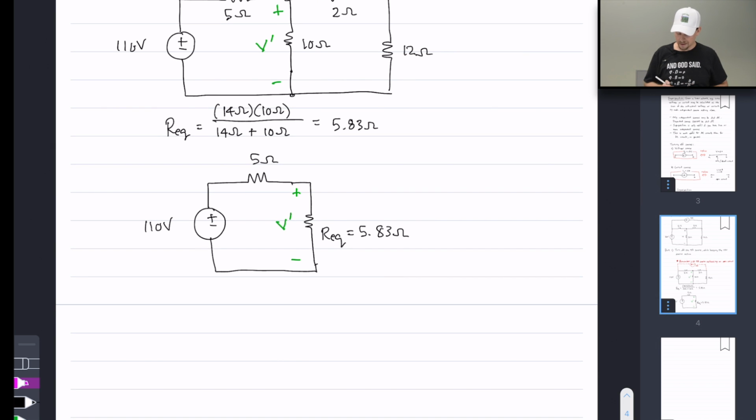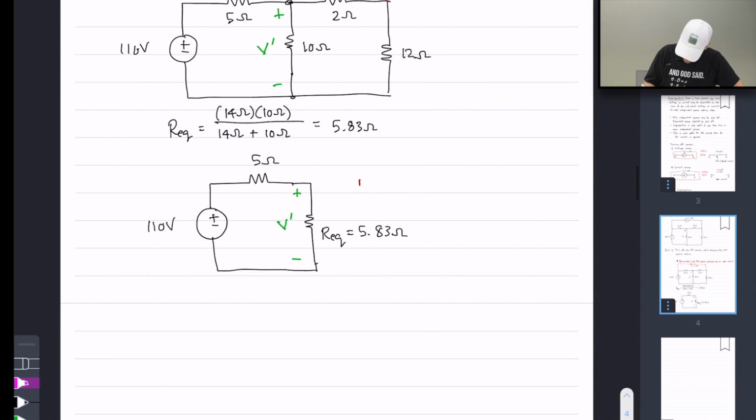Now, notice that this circuit right here, very common circuit, it's a voltage divider, right? So we can even say, hooray. This is a pure voltage divider, which means we can actually use voltage division to solve for the voltage V prime.